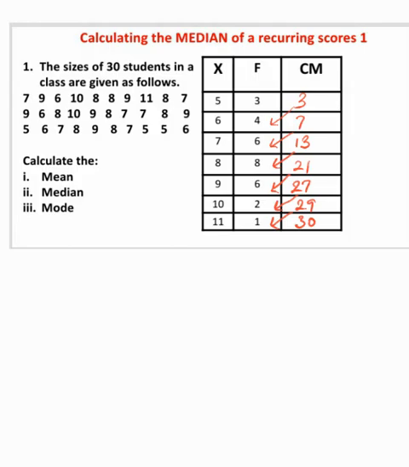All right. Now we need to determine the position of our median here. And to do that, we simply use the formula: median position equals summation f plus 1 over 2.